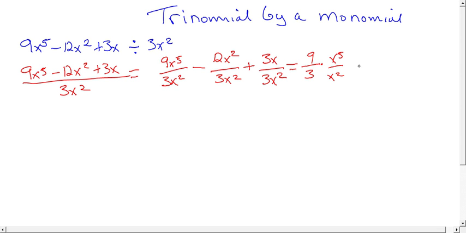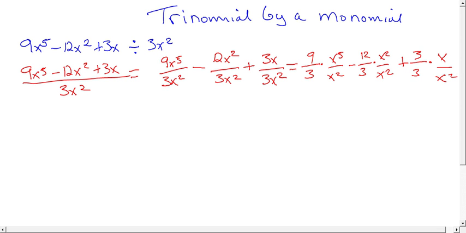We're going to divide 9 by 3, and x to the fifth we're going to divide that by x squared. So we're still going to put our minus, and we're going to divide 12 by 3, and we're also going to divide x squared by x squared, and our plus sign, and we're going to divide 3 by 3, and we're also going to divide x by x squared.